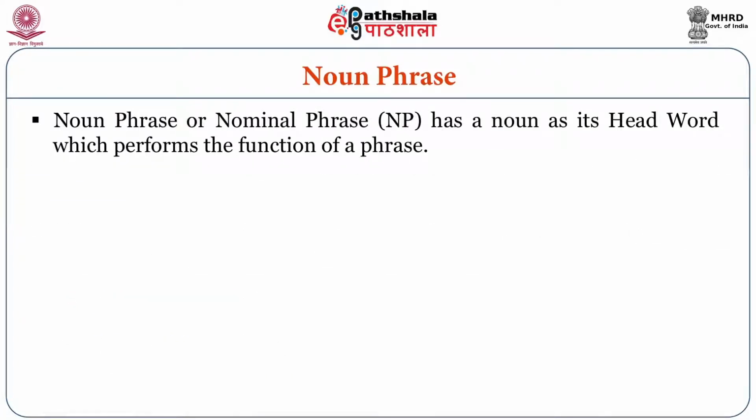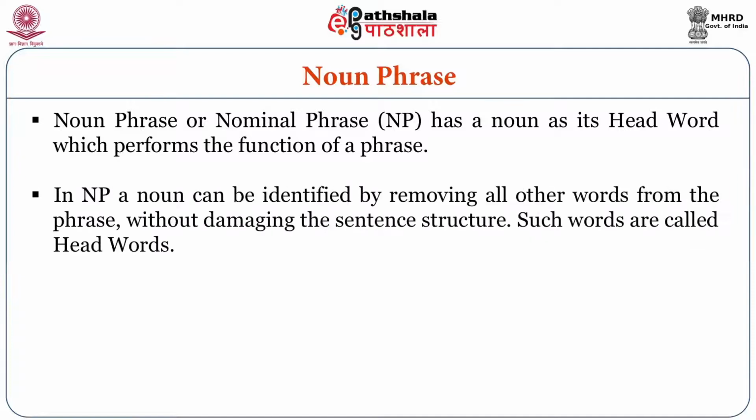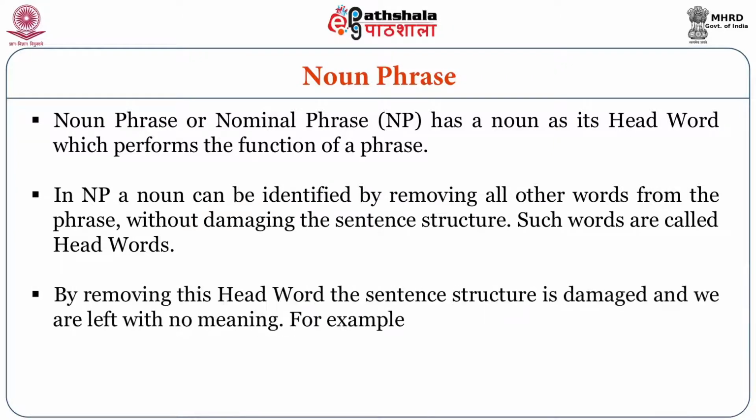Noun phrase or nominal phrase, NP as it is known, has a noun as its head word, which performs the function of a phrase. In NP, a noun can be identified by removing all other words from the phrase without damaging the sentence structure. Such words are called head words. By removing this head word, the sentence structure is damaged and we are left with no meaning.